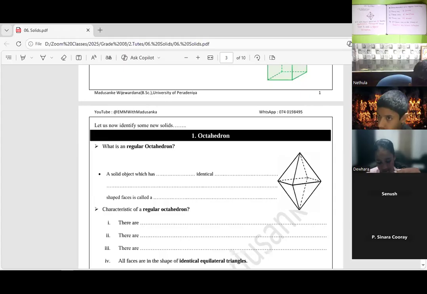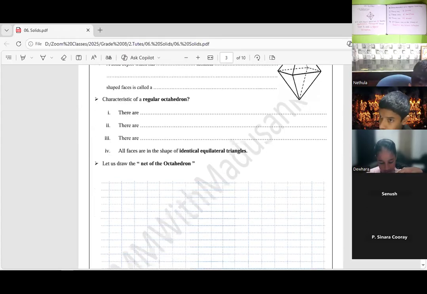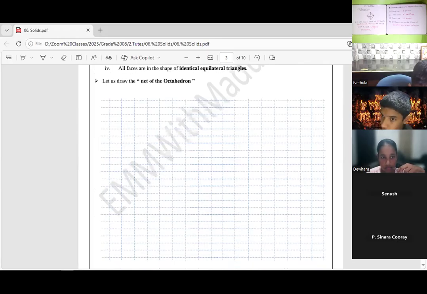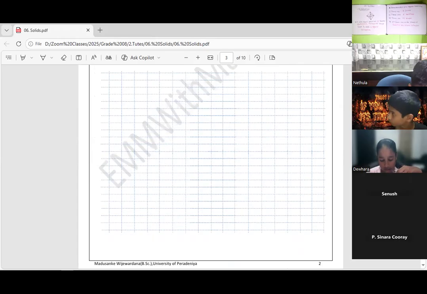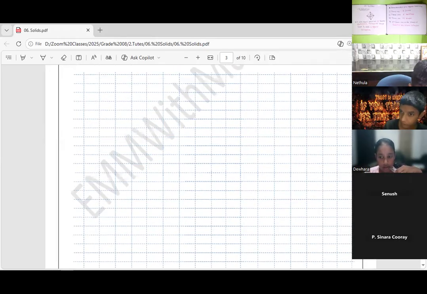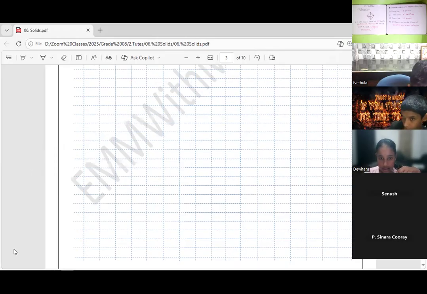Take your pencil and ruler. From here, not the middle of the page, but to the left hand side, somewhere around here.